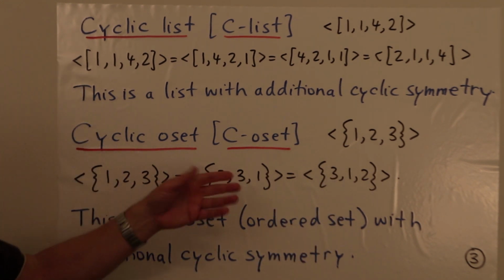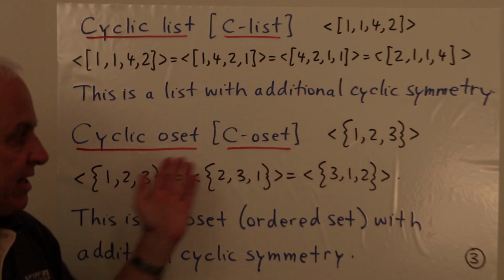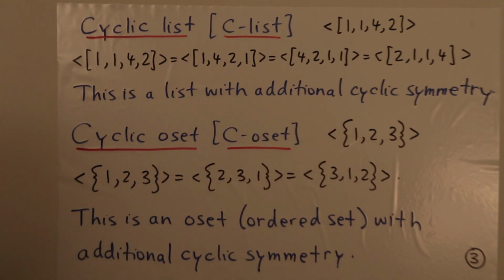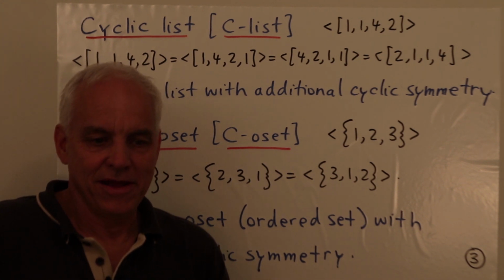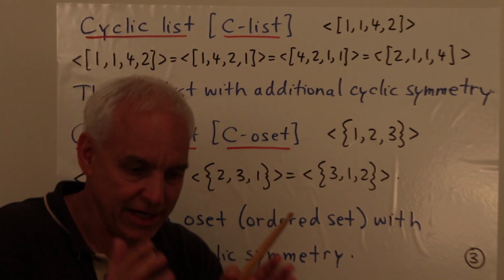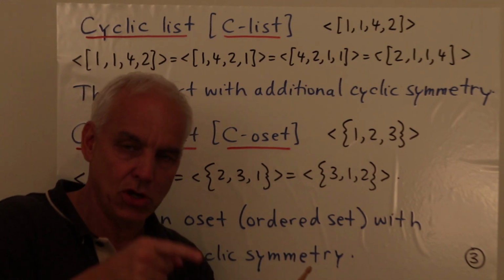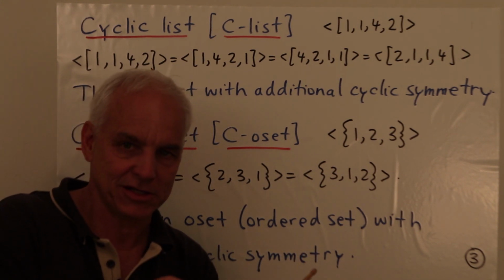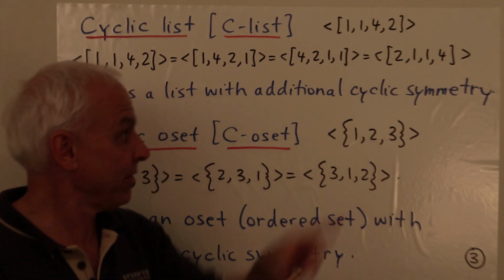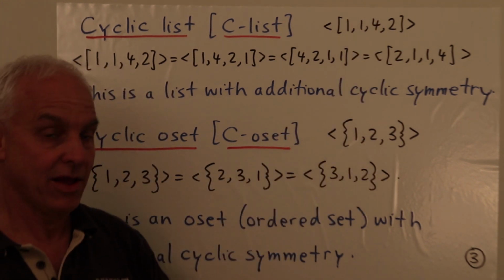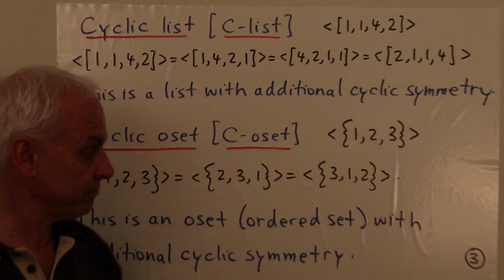And instead of calling them osets, we'll call them cyclic osets. That's a cyclic oset. So this is kind of nice, so that we can now identify very easily on the page that's a new kind of object. That's not a list, it's not a multiset, it's not a set, it's not an oset. It's a cyclic list, or it's a cyclic oset, and we know exactly what that means.